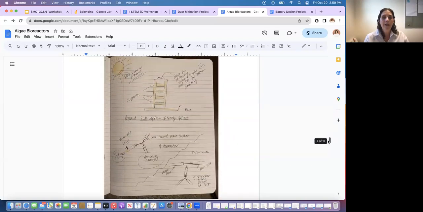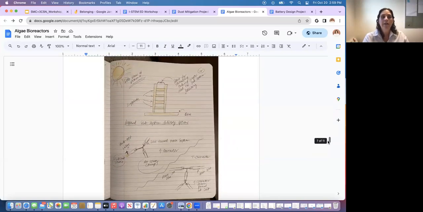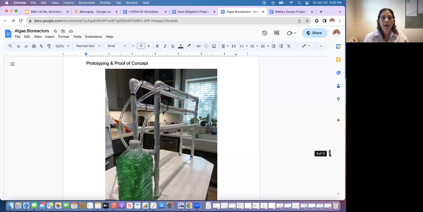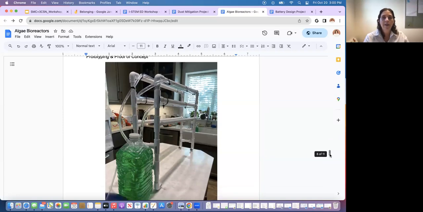Also thinking about the actual structure and the components of the structure, how we're going to support it, how we're designing it. And then moving on to actually constructing it, as I mentioned, that prototype and proof of concept. Instead of algae, this is just food coloring. And these are just PVC parts that were picked up at a local hardware store.